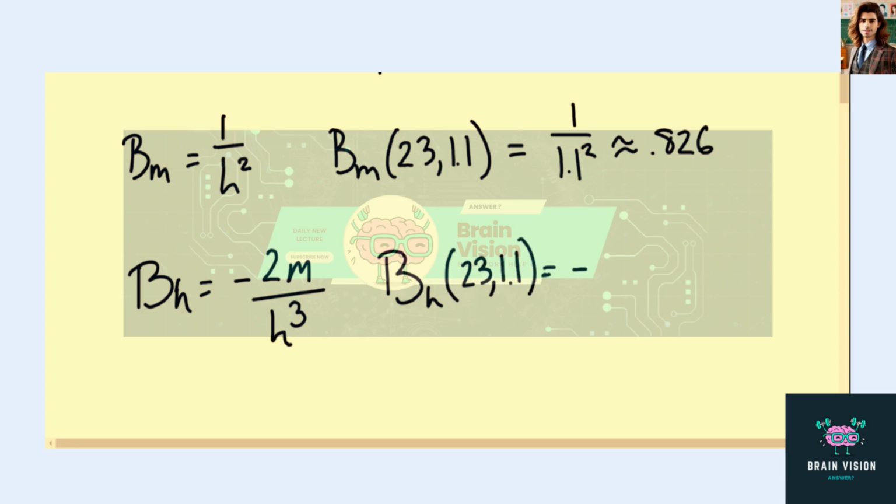That's going to be negative 2 times 23 over 1.1 cubed, and this is roughly negative 34.56. So now we just have to plug it into that formula, our L from above.